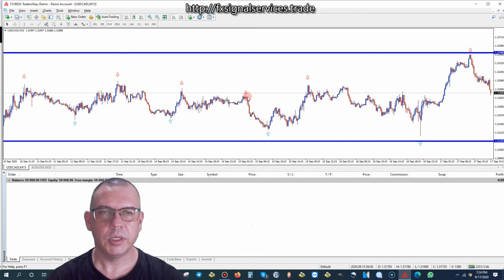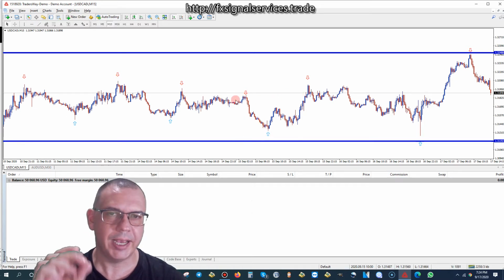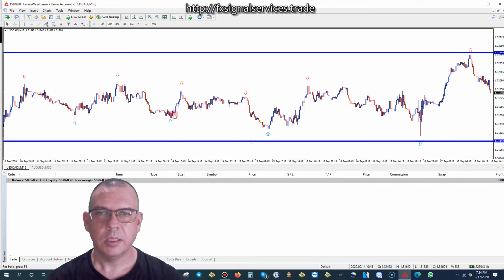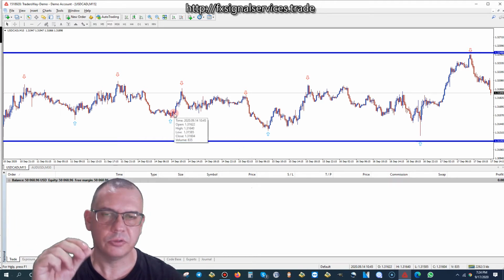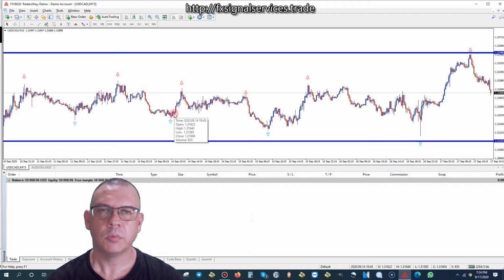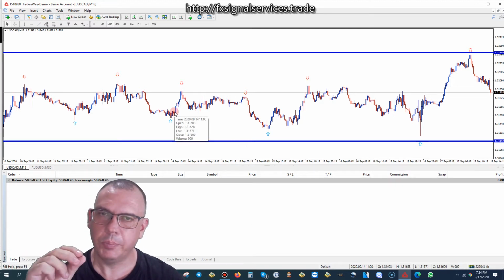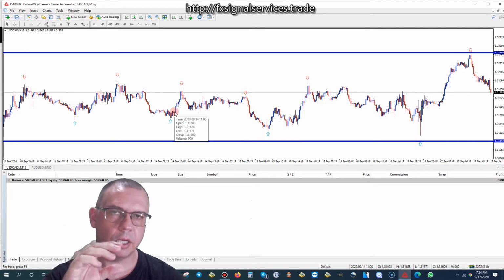Call them whatever you want, but these small movements up and down are excellent to trade. They will be opened and closed fairly quickly, within a few hours, and you can catch a small amount of pips each time, but overall you'll catch a lot of pips in the end.